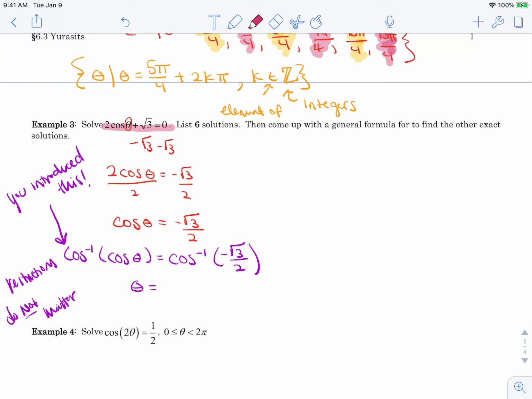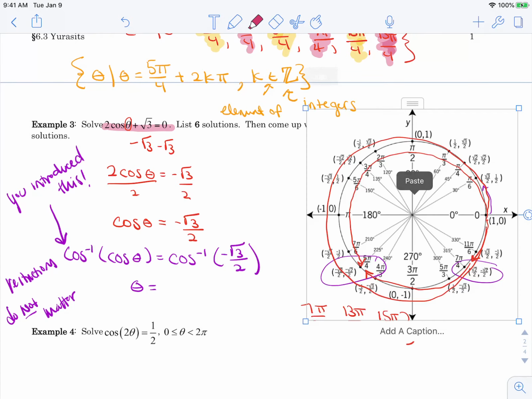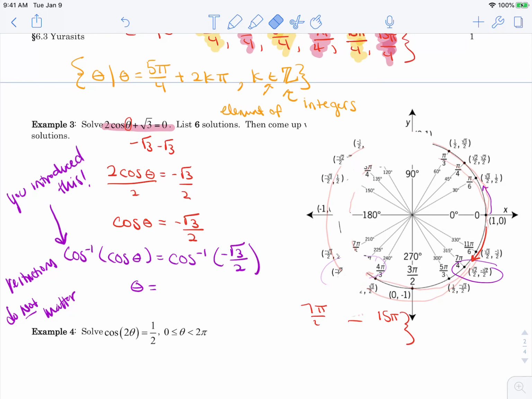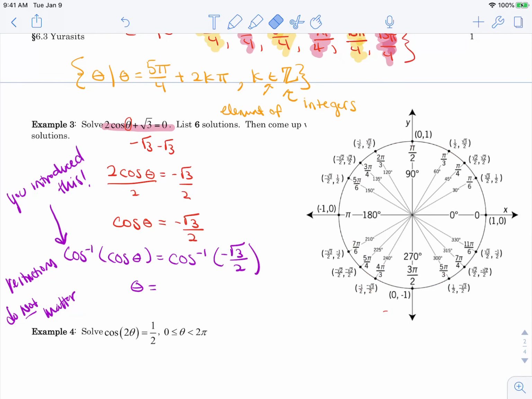All right, so if I'm looking at my ugly, messy unit circle, let me get rid of all that stuff. Okay. Where does cosine, I need 6 solutions. So cosine hits negative root 3, or let's go in the negative first actually. Let's head this direction.